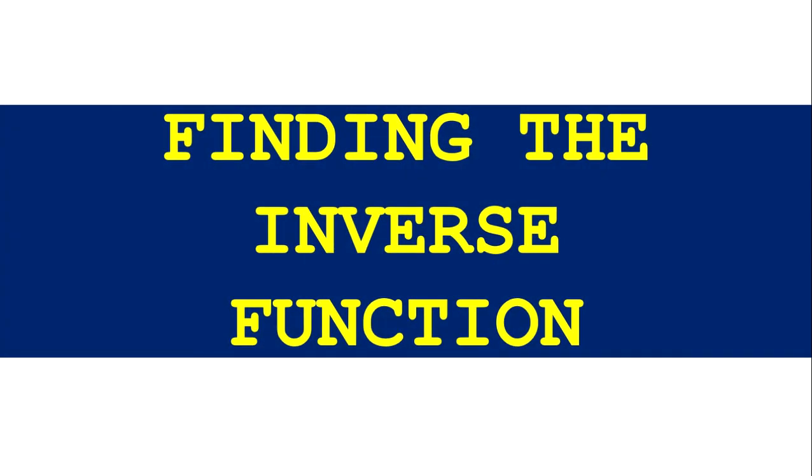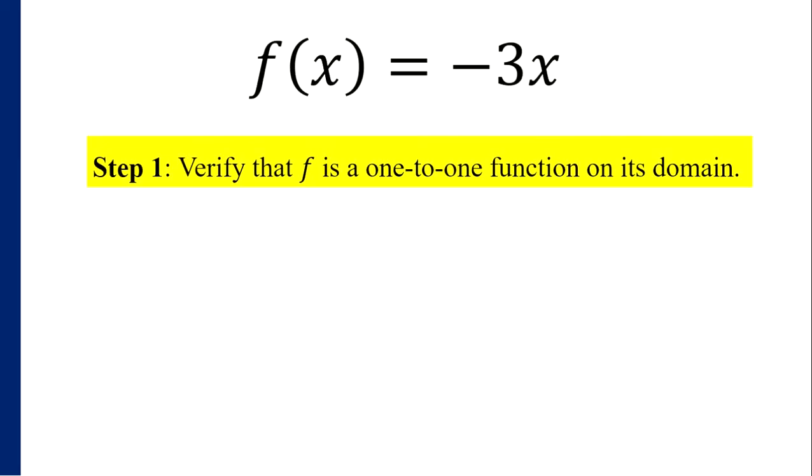Now, let's try to apply steps 1 to 4 to find the inverse function and to verify if our answer is correct. So let's have an example. The function is f of x equals negative 3x. First, let's verify if the function is one-to-one or not.